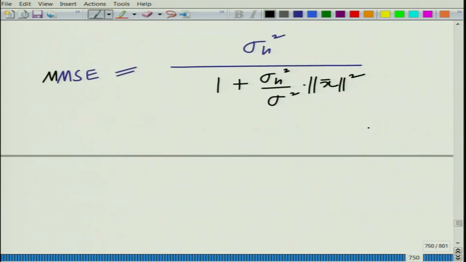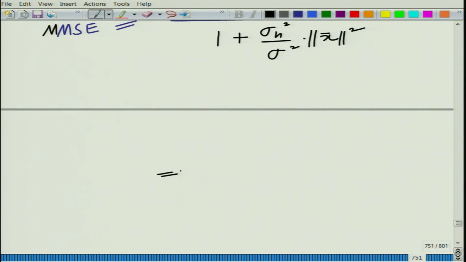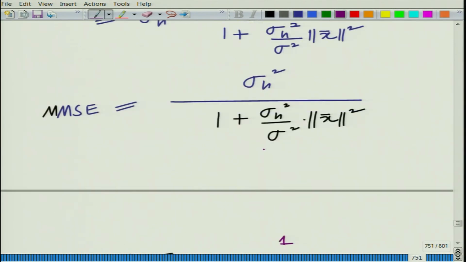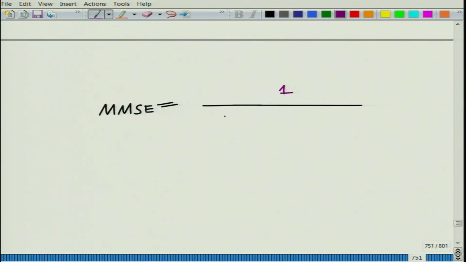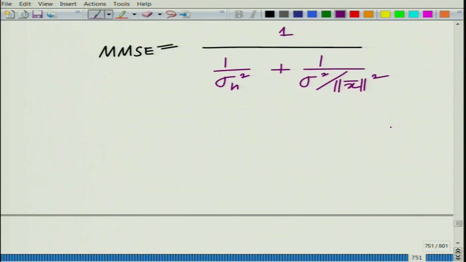And if you look at this, this is equal to the MMSE, minimum mean squared error. Bring the sigma h square down, so that would be 1 over sigma h square plus 1 over sigma square divided by norm of x bar square. So, this is essentially 1 over the inverse of the variance of the prior plus the inverse of the variance of the ML.